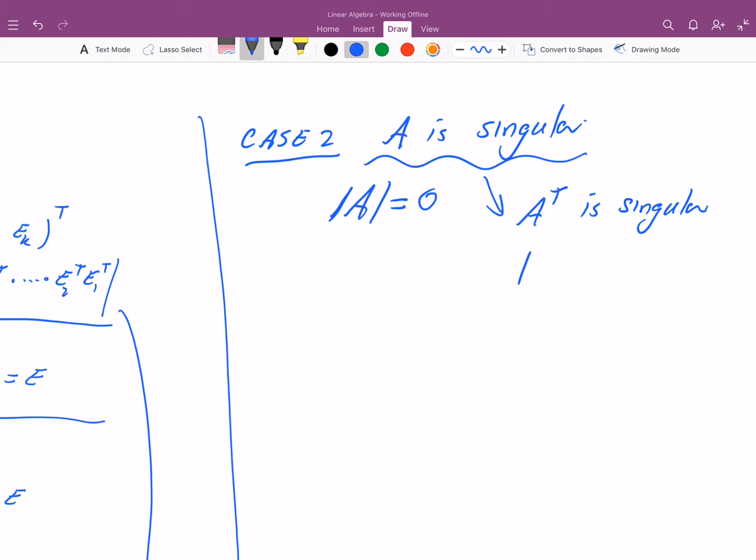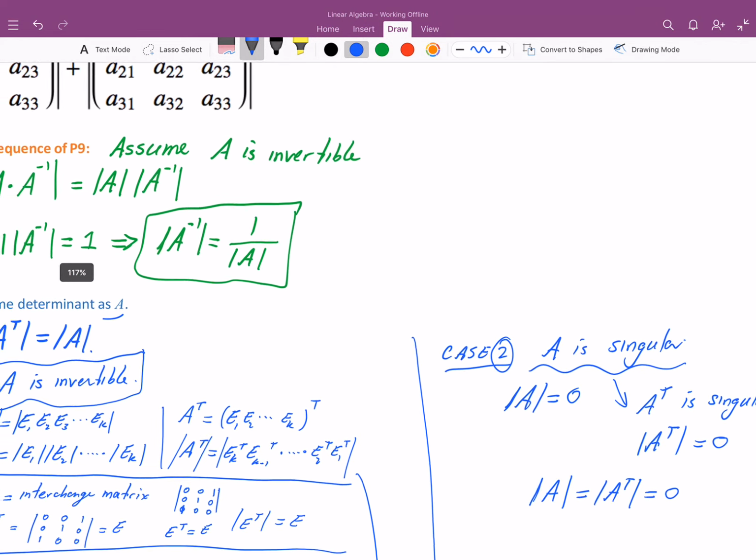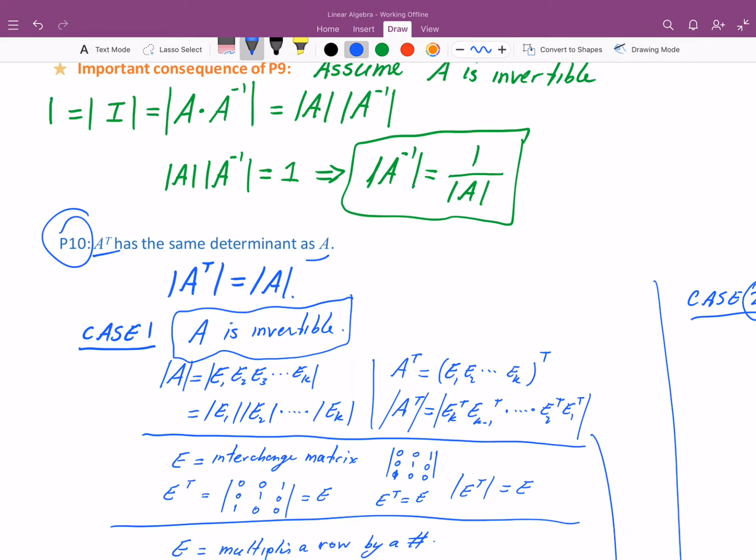And for the same reason, the determinant of A transpose is equal to 0. So in case 2, both A and A transpose have 0 determinant. And for that reason, the determinant of A transpose is equal to the determinant of A, and they're both equal to 0. So this proves property number 10, that A transpose has the same determinant as A.